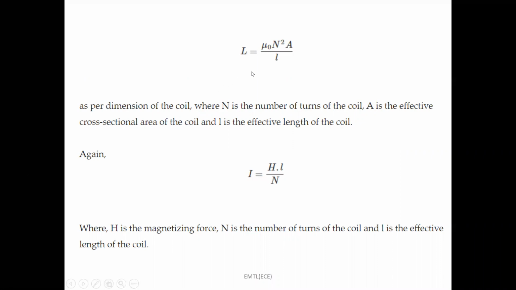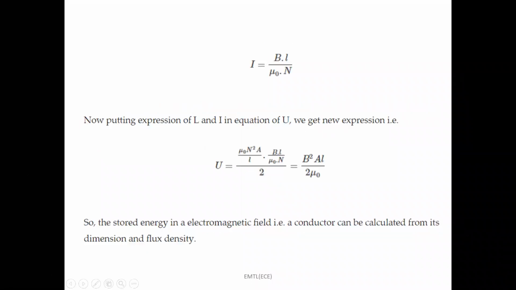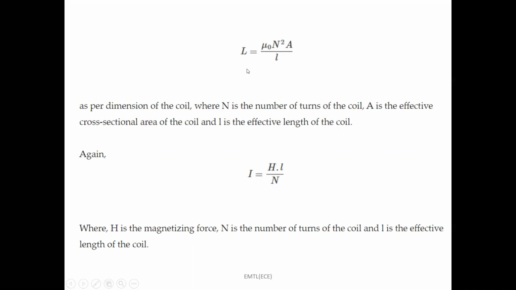But still, by substituting an expression for the self-inductance L, as we already derived the formula for self-inductance by taking the example of a solenoid, the self-inductance L is equal to mu naught N square A by l.